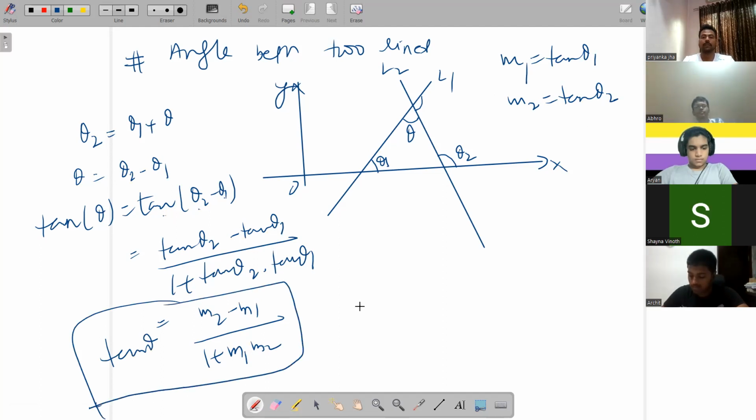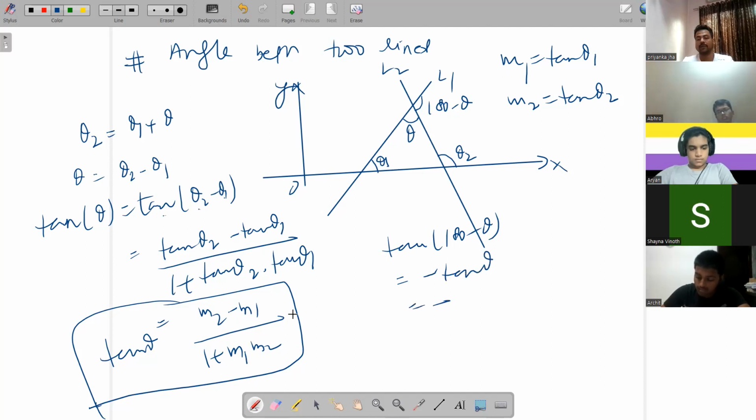Now see, suppose instead of this angle, we had considered this angle as theta. So this is what? 180 minus theta. So if you want to find this angle, this should be tan of 180 minus theta. So tan of 180 minus theta is minus tan theta. And tan theta you already found here, that is M2 minus M1 upon 1 plus M1 into M2.